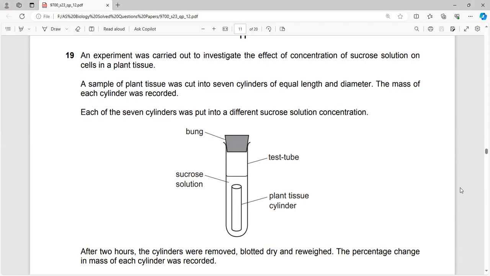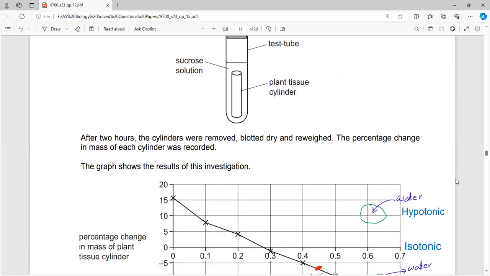An experiment was carried out to investigate the effect of concentration of sucrose solution on a cell in a plant tissue. A sample of the plant tissue was cut into 7 cylinders of equal length and diameter. The mass of each cylinder was recorded, and each of the 7 cylinders was put into a different sucrose solution concentration.